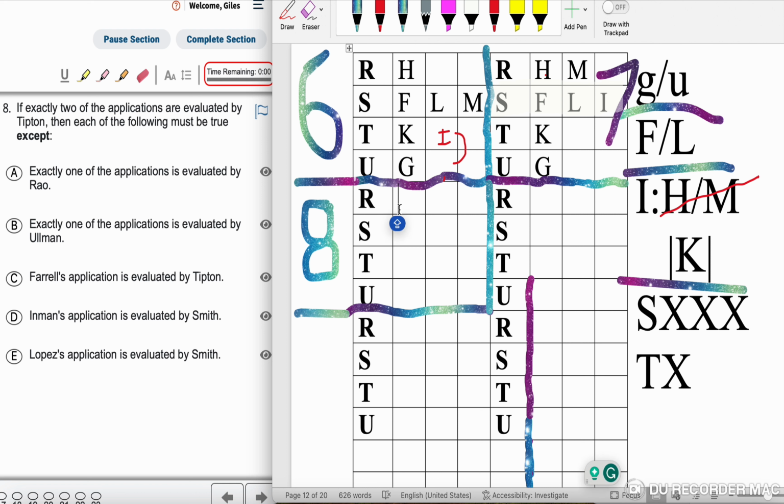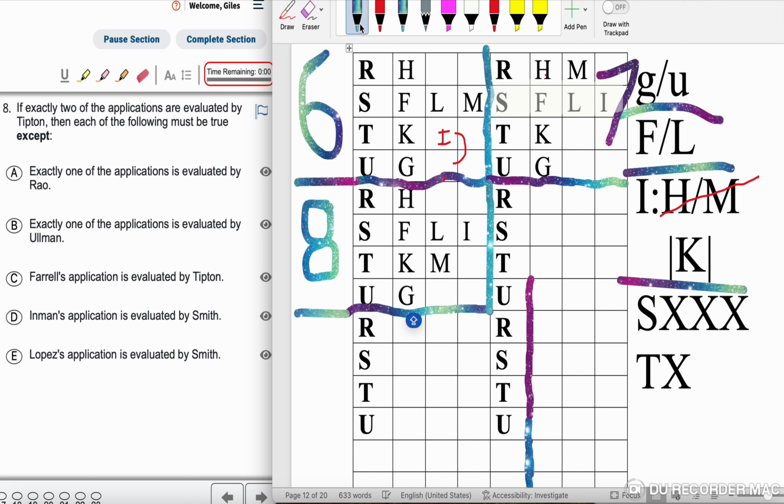So let me see if I can use this one. H. So I guess I'm gonna use F, L, I, K, G.